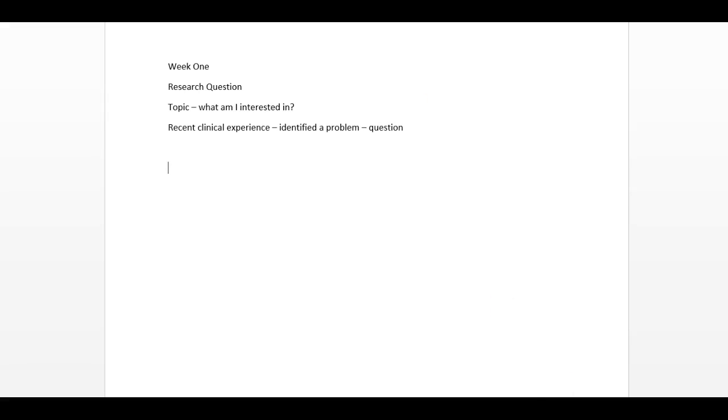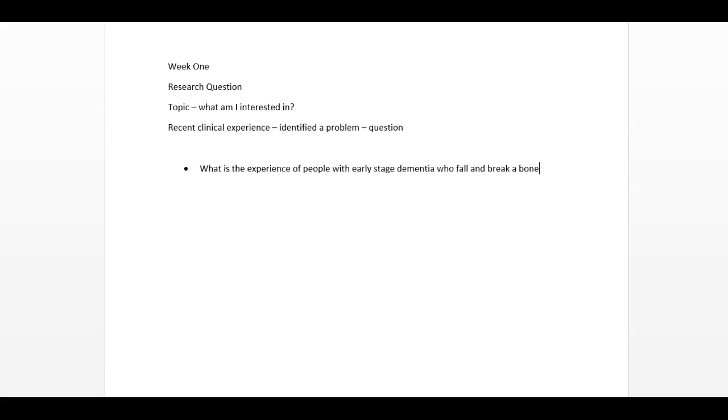So it might be something like, what is the experience of people with dementia, maybe with early stage dementia, who fall and break a bone, for example.